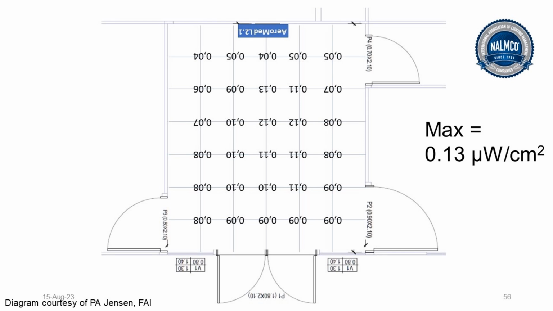So if we take a look at all these readings, the maximum was 0.13 microwatts per square centimeter. So it was perfectly safe for everybody in that room. But it was also unsafe for what might be aerosolized because the mixing fans will help move the air up into the irradiated zone and back again.